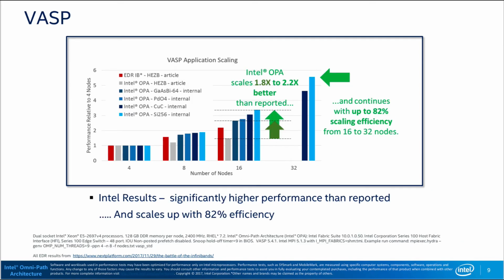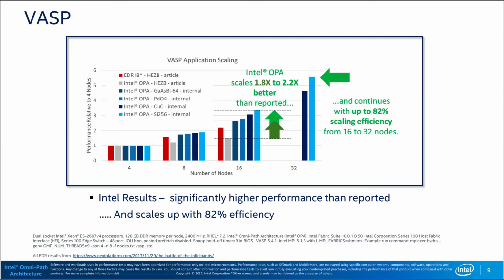Again, this was VASP performance, and when we look at it, we're looking at anywhere from 1.8 to 2.2 times better performance and excellent scaling across up to 32 nodes for VASP. And when you look at it versus the article, again, we want to set the record straight.